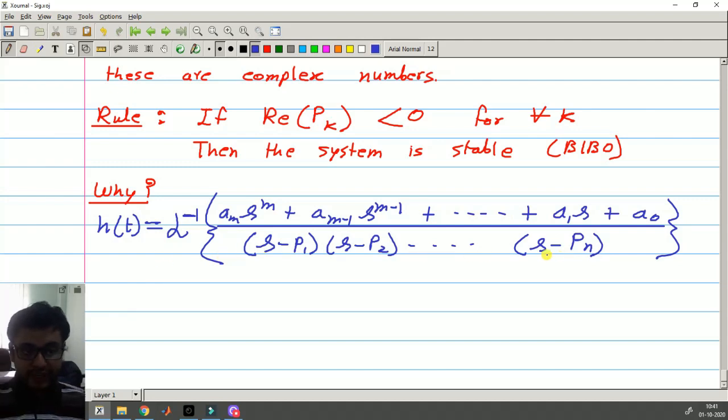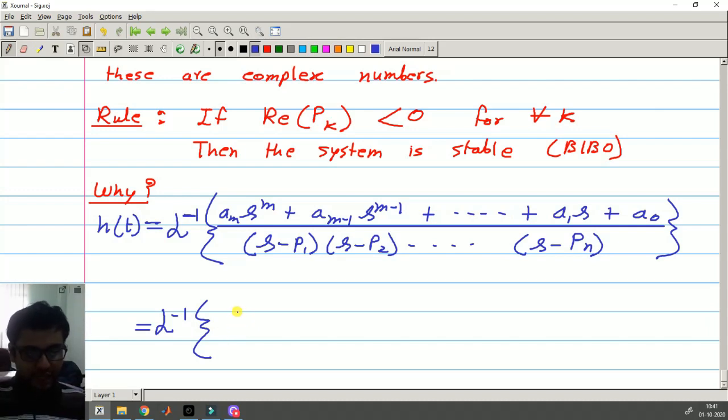Now, how do we calculate the Laplace inverse? Remember, we use partial fractions. So we will express this ratio of two polynomials inside the bracket as a partial fraction.